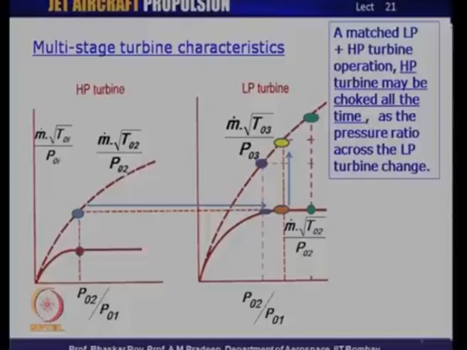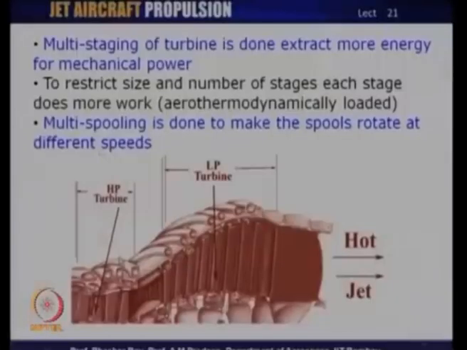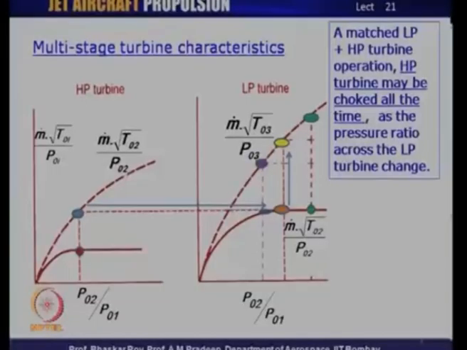So, the present design is such that, conforming to the earlier diagram, we have a set of HP turbines and a set of LP turbines. This HP turbine characteristic represents the set of HP turbines, and this LP turbine characteristic represents that set of LP turbines. All of them together show that while the HP turbine set is choked, the LP turbine also looks choked.